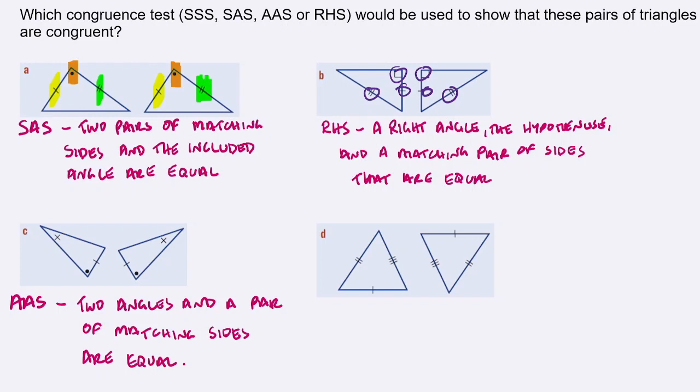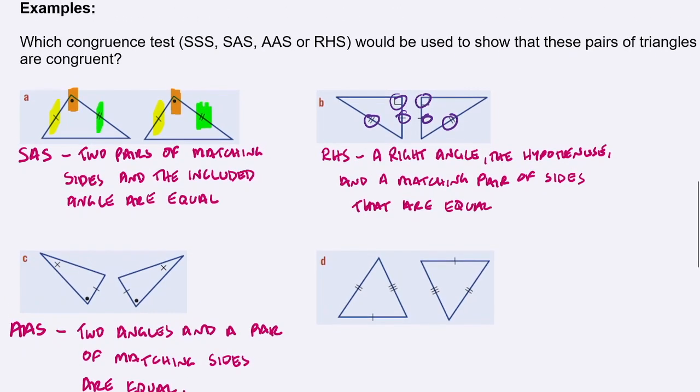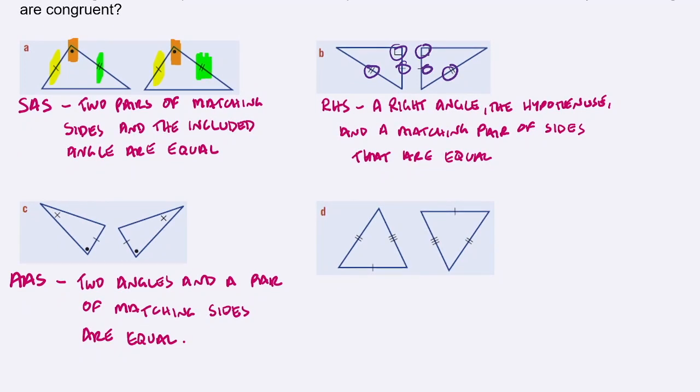And our last test uses our last set of parameters, which is SSS, because all of our matching or corresponding sides are equal.